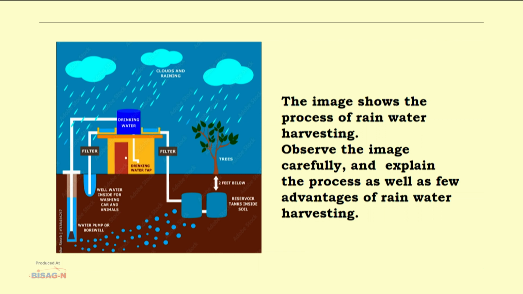The image shown here is of rainwater harvesting. If you find it difficult to read or understand the visuals, it is important to read the names given on the visuals. Before we proceed to explaining what is in the picture given to us, there is just one thing that I would like to mention.